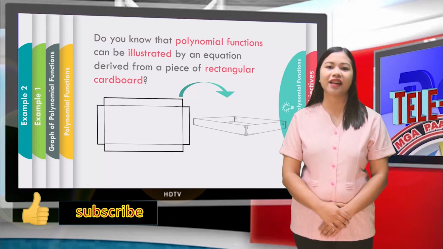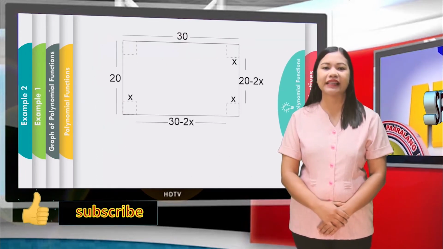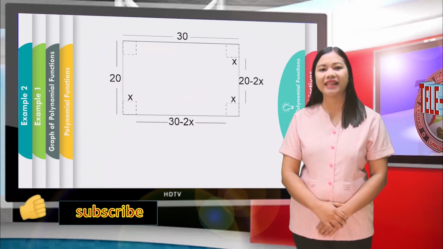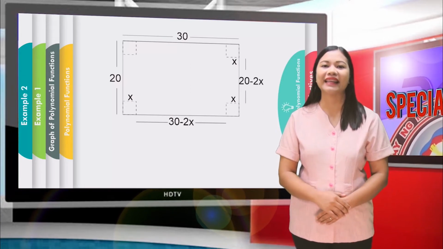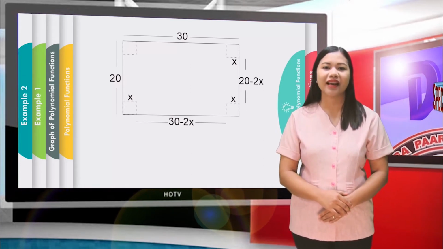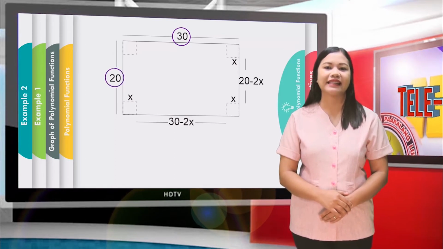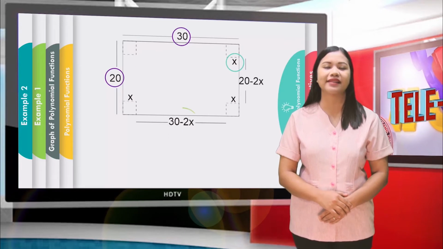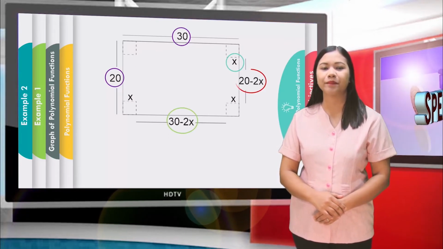Now consider this rectangular cardboard. Its length is 30 units and its width is 20 units. From this cardboard, we will make an open box by cutting an x unit. The cut made will become the height of the open box. Its length and width will become 30 minus 2x and 20 minus 2x respectively.